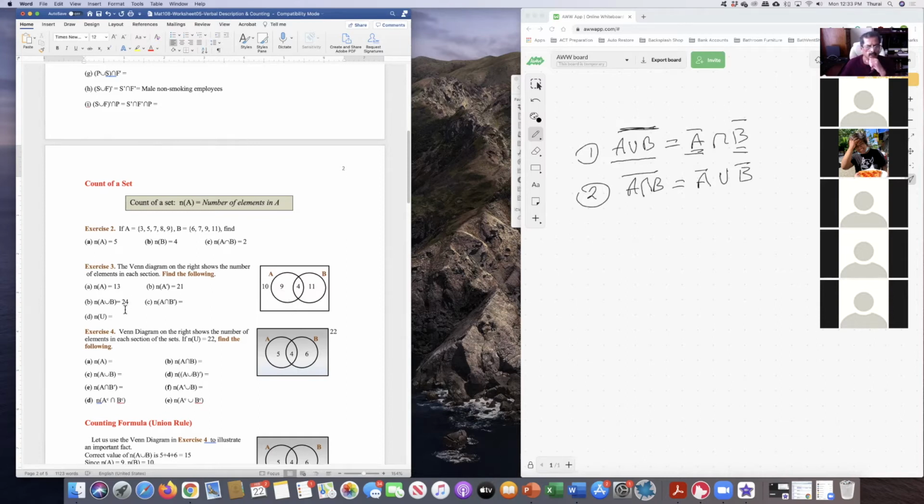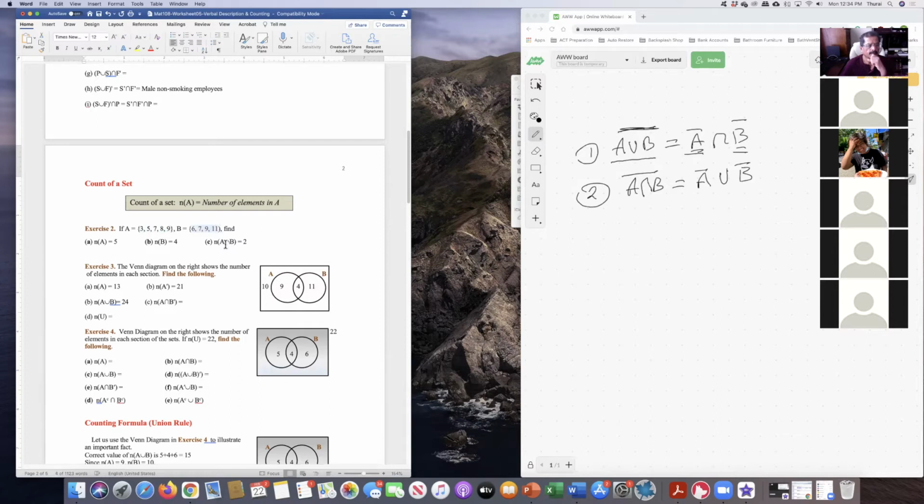I want to know how come we're adding them, but we didn't do that in exercise 2. Previous one, exercise 2: count of A is the number of elements in A. There are 5 elements, right? In B, there are 4 elements, right?